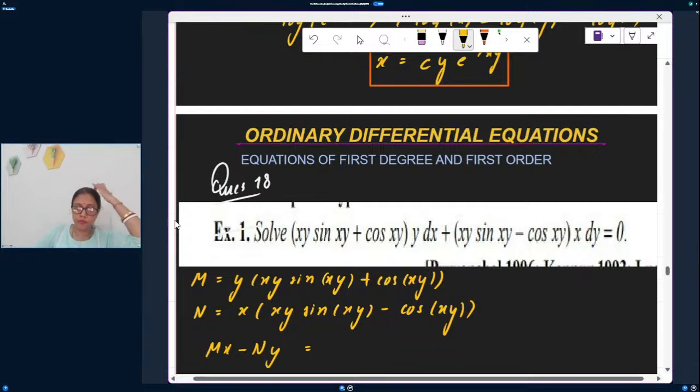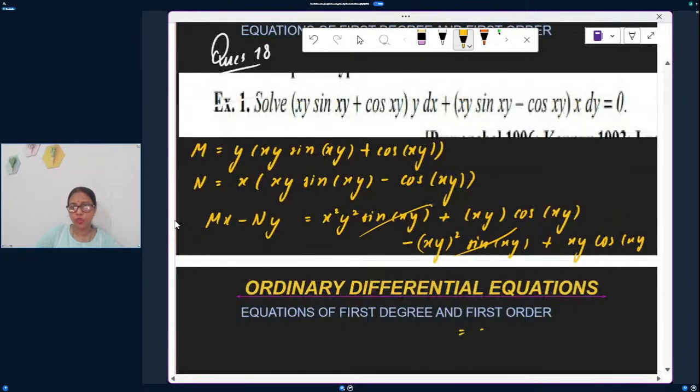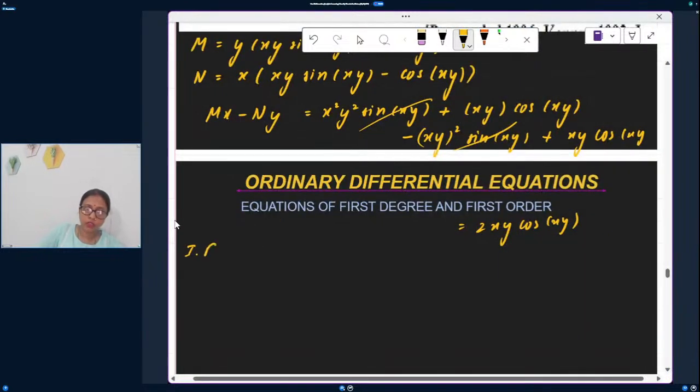That is going to be x square y square sin xy plus xy cos xy minus x square y square sin xy plus xy cos xy. So this gets cancelled and becomes 2xy cos xy. With the help of this, the integrating factor is 1 by 2xy cos xy.